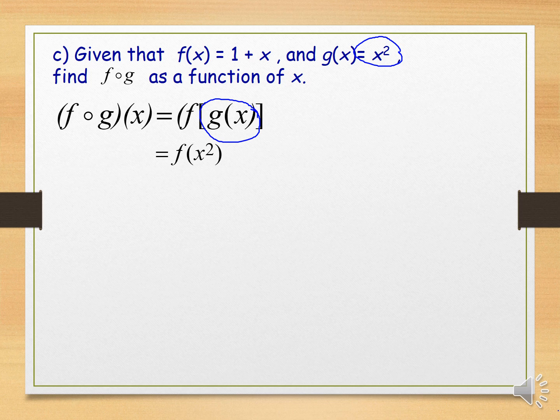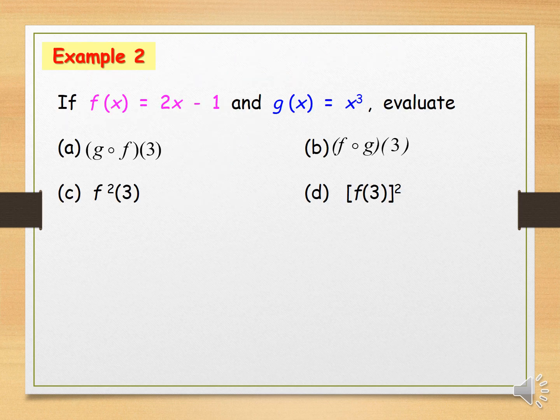Therefore, the input becomes x squared for function f. Now look at function f(x). f(x) equals 1 plus x. Therefore, the input now is x squared, which we get f(x squared) equals 1 plus x squared.